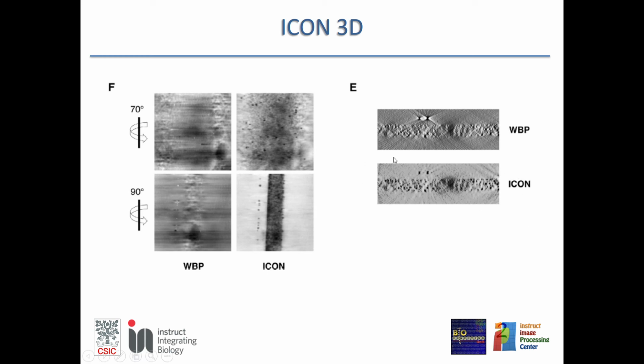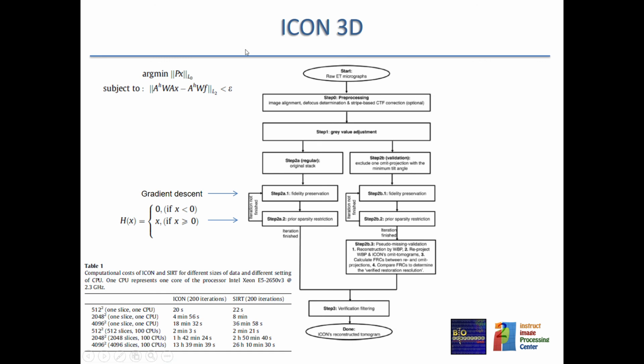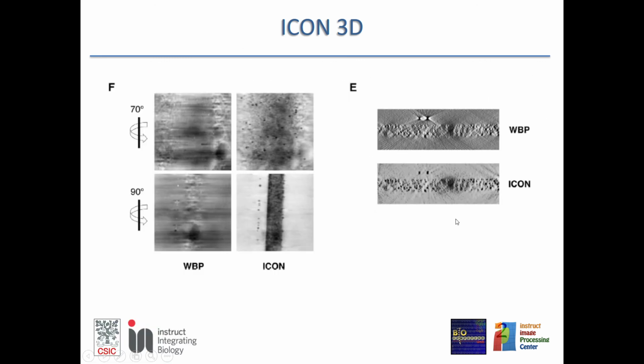But with ICON, I'm forcing the volume to have very few coefficients, so among all the possible volumes that are compatible with these measurements, I choose the one that has fewer coefficients.